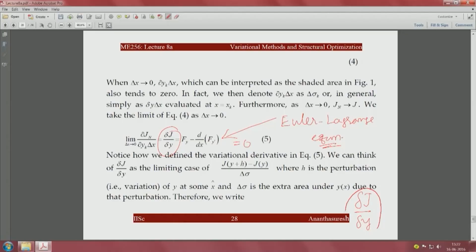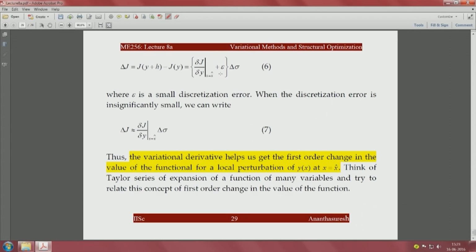Now, we have the third one, variational derivative, which we derived for the case of an integrand that depends on y and y prime, but later in the next class you will see whatever we get, this Euler-Lagrange equation, will have a left side and a right side. In the case of the Euler-Lagrange equation, the right side is 0, and whatever is on the left side is nothing but this variational derivative.